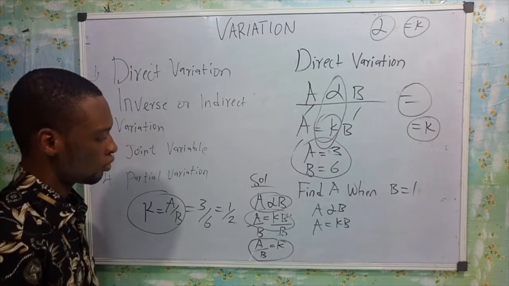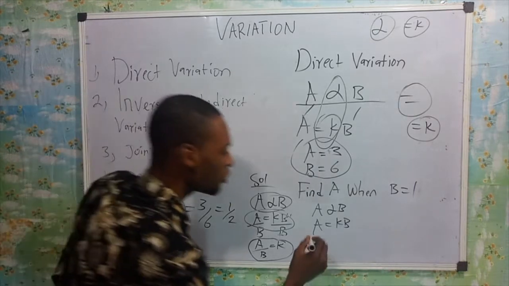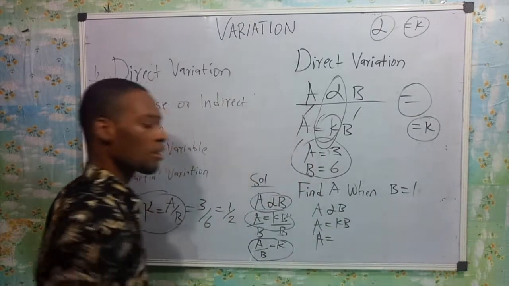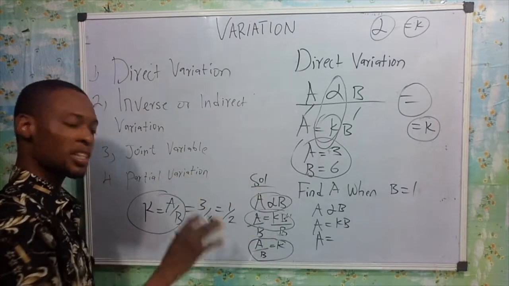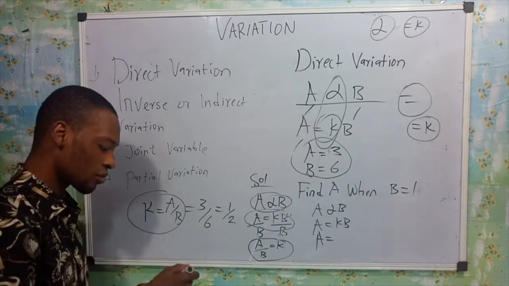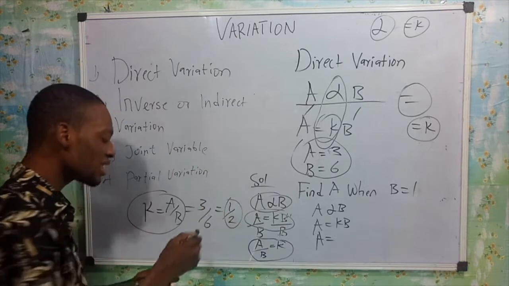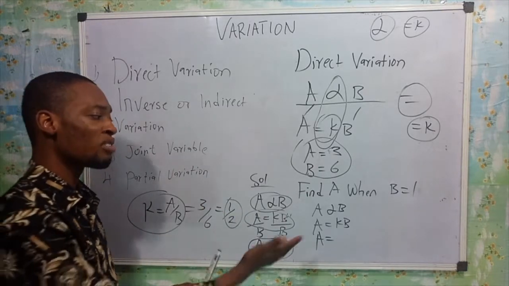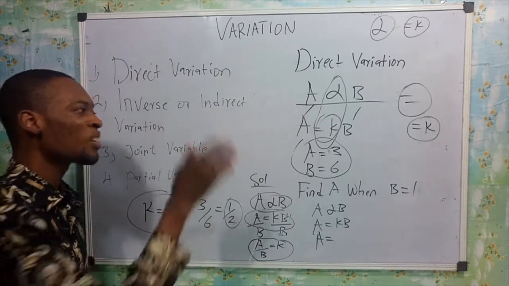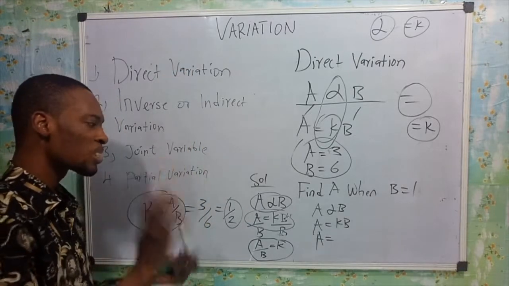We don't know A, but we know K. The constant doesn't change, so K is 1 over 2. Even when you are using a new expression, so long as this equation is concerned, the constant remains the same.